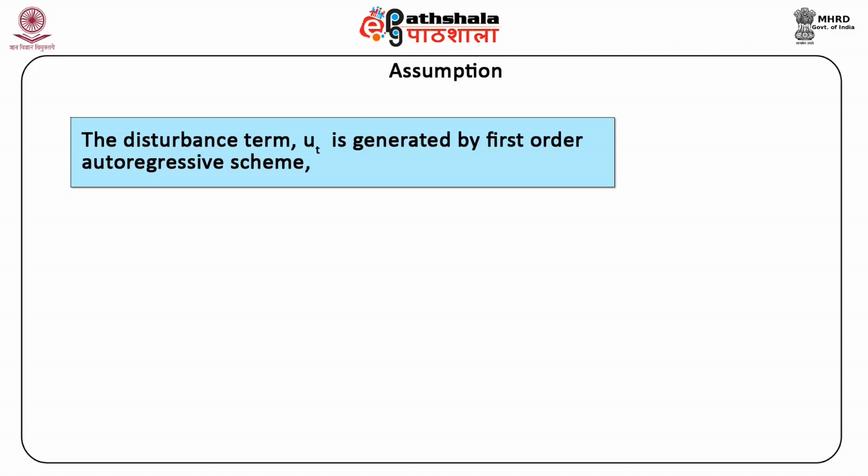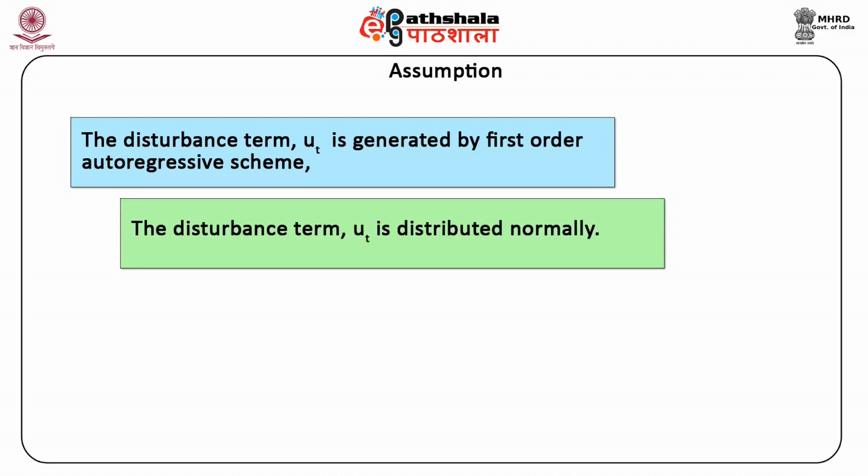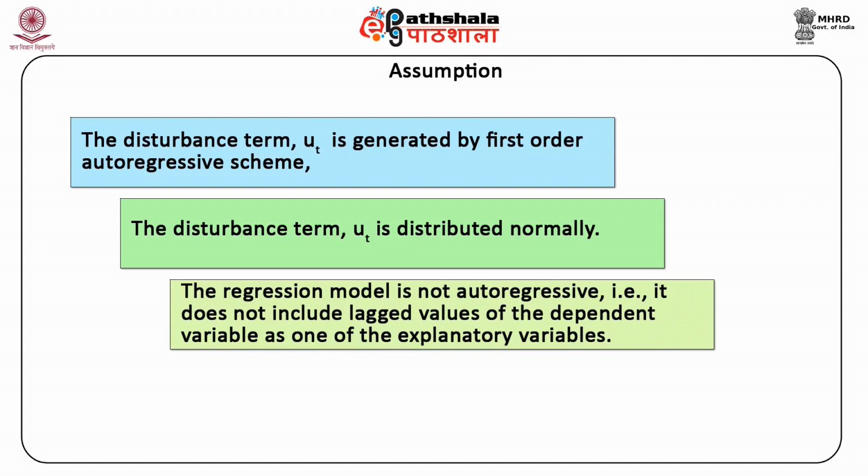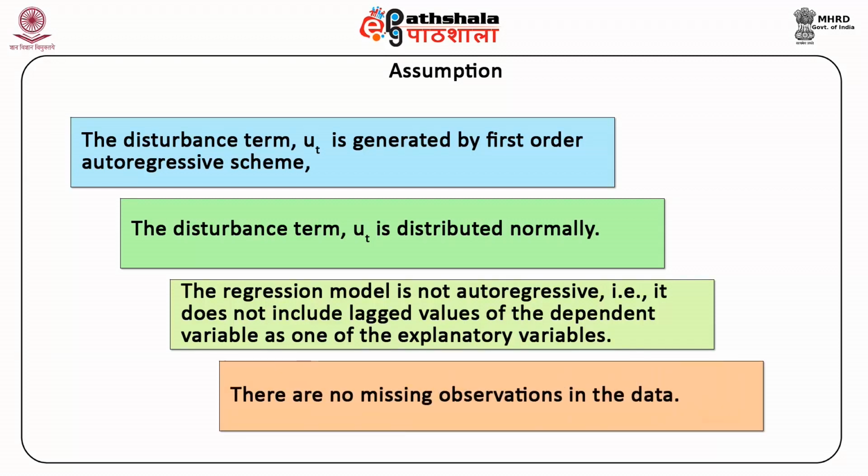The fourth assumption is that the disturbance term u_t is distributed normally. Next, the fifth assumption is that the regression model is not autoregressive. That means it does not include lagged values of the dependent variable as one of the explanatory variables. The last, or the sixth, assumption is that there are no missing observations in the data.